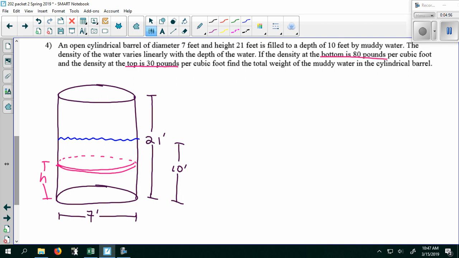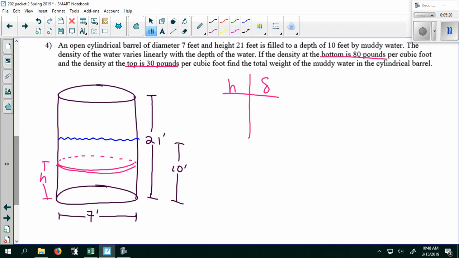So they basically gave me 2 points, right? So I've got h values and density values. Common letter that we use for density is delta. So they told me that at the bottom of the barrel, so what is h when we're at the bottom of the barrel based on the diagram I drew? 0.